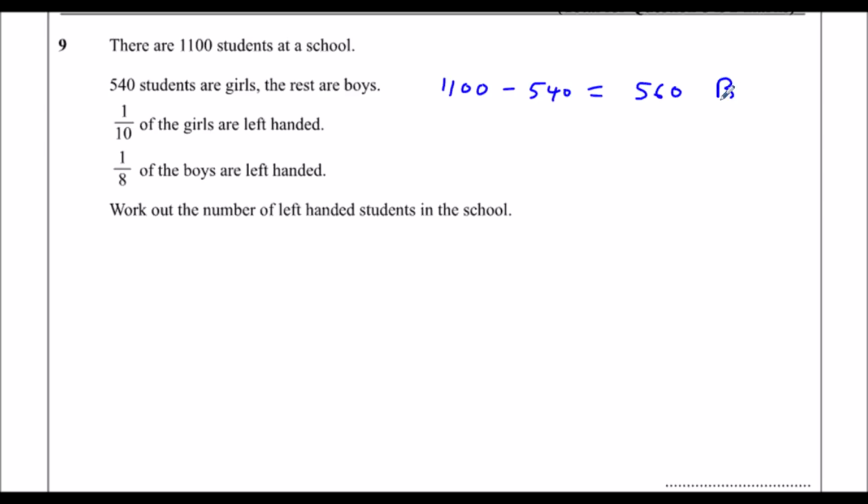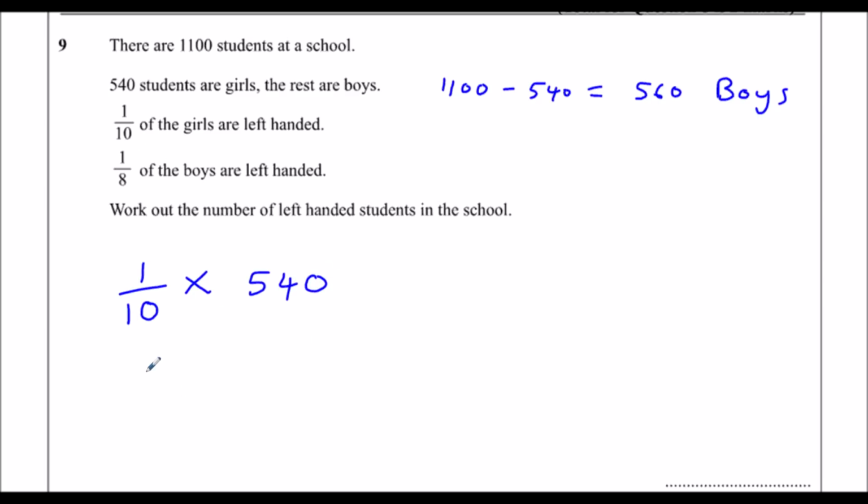So 560 boys. 1/10 of the girls are left-handed. 1/8 of the boys are left-handed. Work out the number of left-handed students at the school. So the total number of left-handed students. 1/10 of the girls. So 1/10 of, and for "of", we write times, the girls, 540.